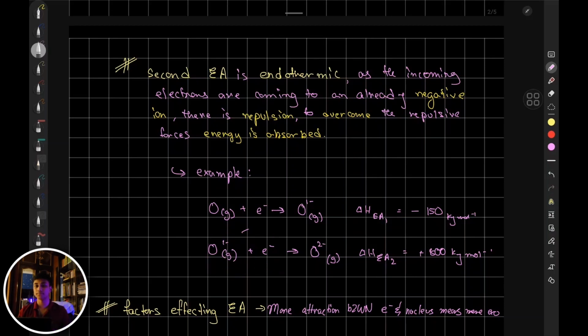What does that result in? That results in repulsive forces between the two. Now, to overcome those repulsive forces, you need to give in energy so that the electron and the ion can overcome those repulsive forces and form the bond. So you have to give in energy to form that bond.